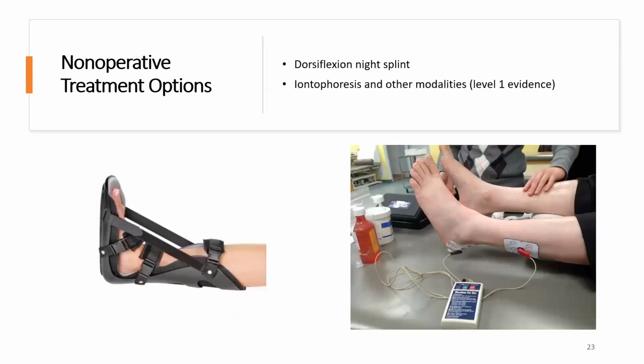So, other treatment options include, again, a night splint, like we talked about for plantar fasciitis, as well as something called iontophoresis. This is something that can be done with physical therapy. If there's any physical therapists, please excuse my explanation of this because it's probably a pretty basic level explanation.